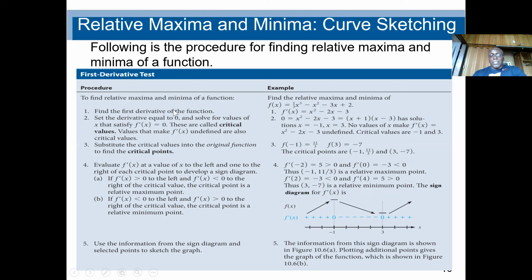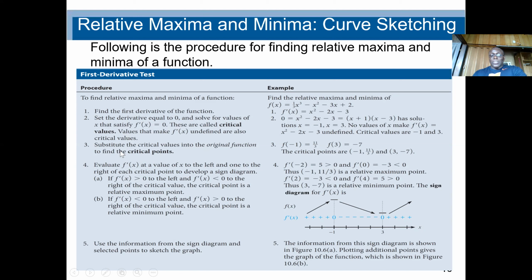So find the first derivative of the function, set the derivative equal to 0, and solve for the values of x. And these are called the critical values. The critical values is where we're going to have the turning point.